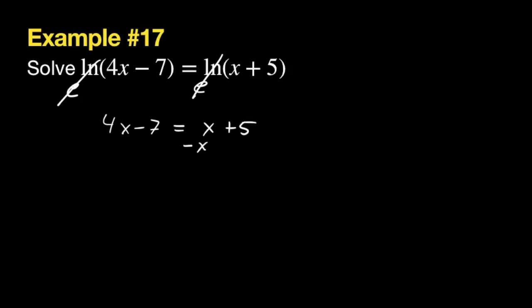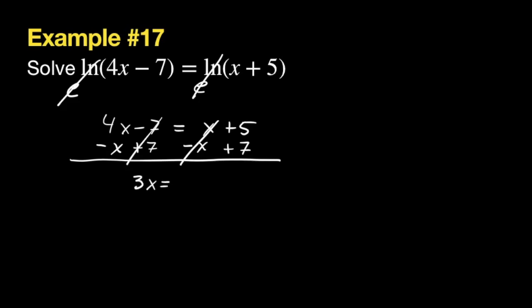I'm going to subtract x from both sides, and now I'm going to also add 7 to both sides. Just doing everything one step. This cancels, and we have 3x is equal to 12. Divide by 3, x is equal to 4.